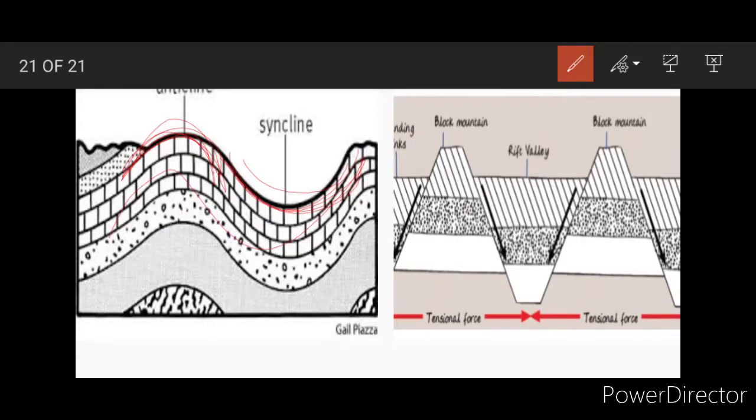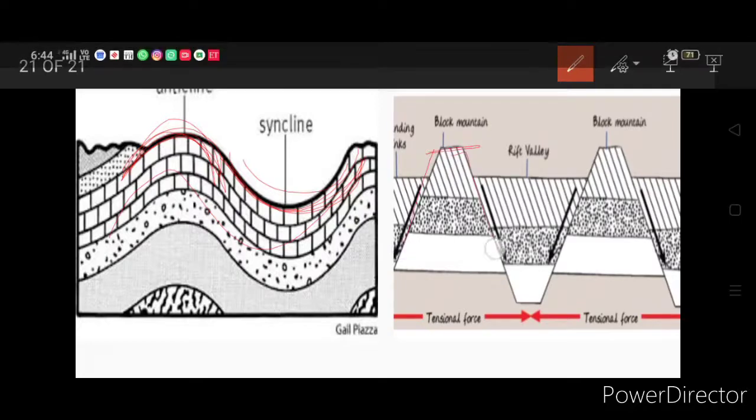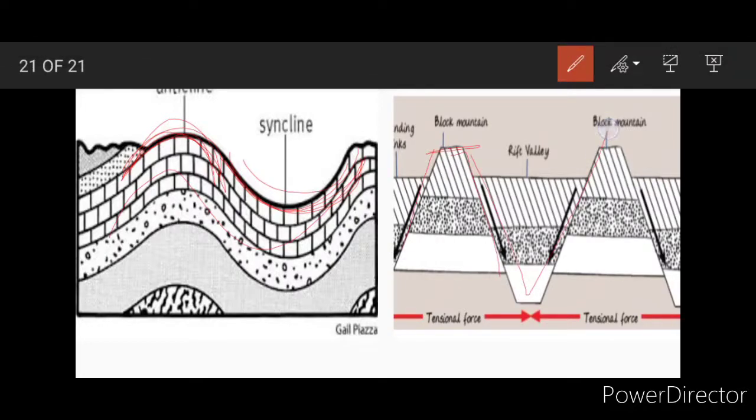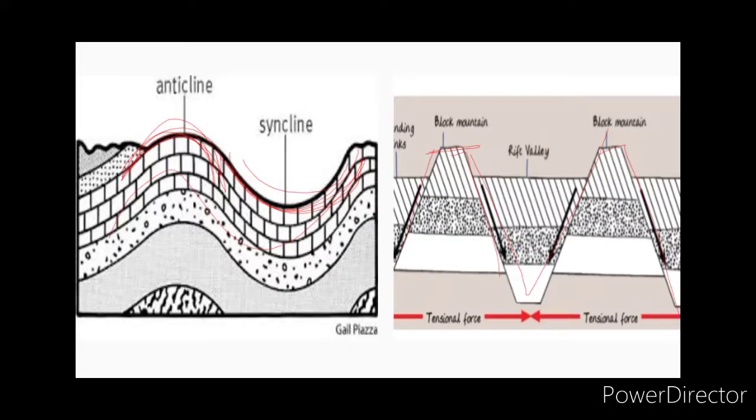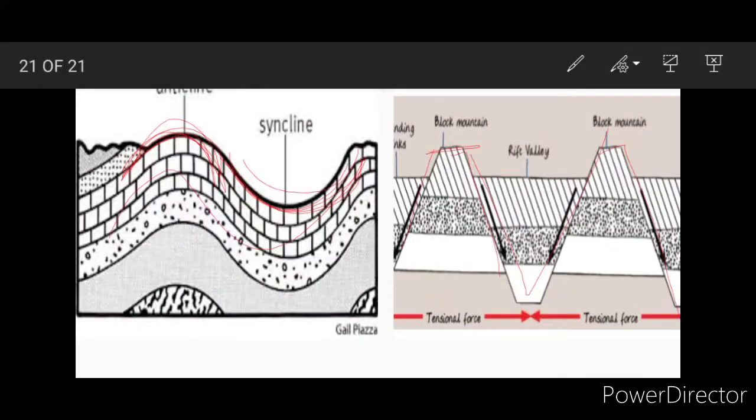Okay, similarly it also tells you about block mountains. So now this is a block mountain, and then there is a valley, then again there is a block mountain, then there is a valley. So these things are easily represented using diagrams. Okay, so with that, I hope you have understood geographic representation of geographical features.